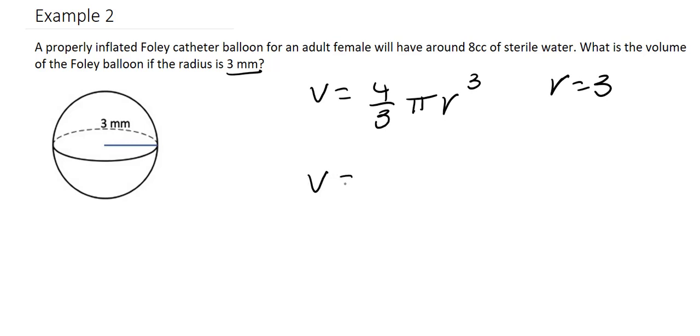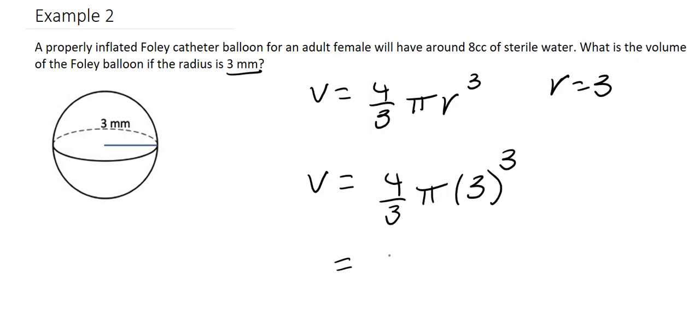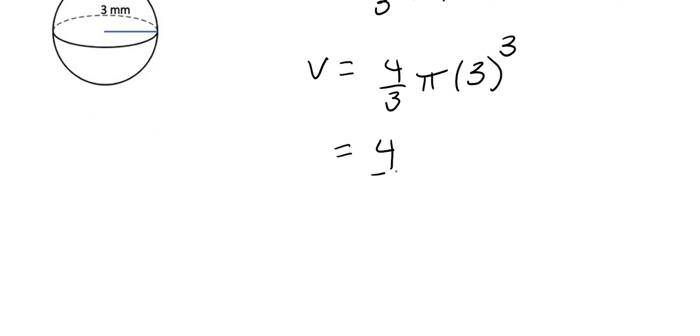So let's start to solve, plugging this in. We have 3 cubed, so let's deal with the exponent. We raise 3 to the third power, and that would be 27. So we have 4/3 pi times 27.